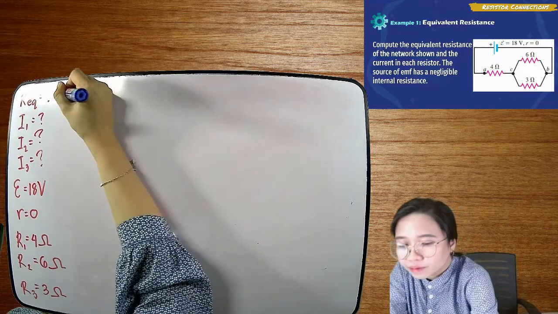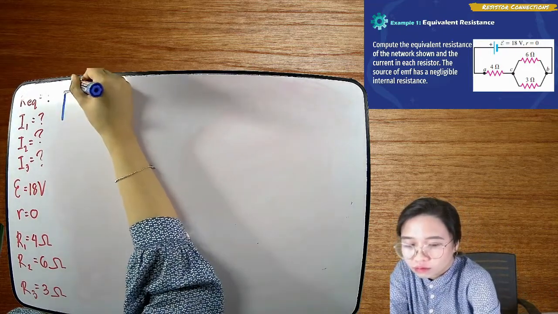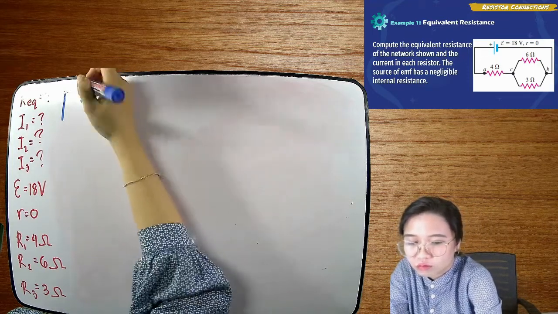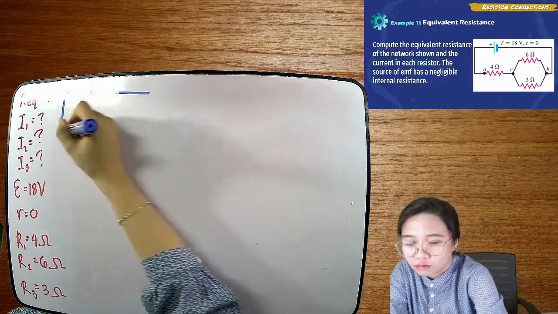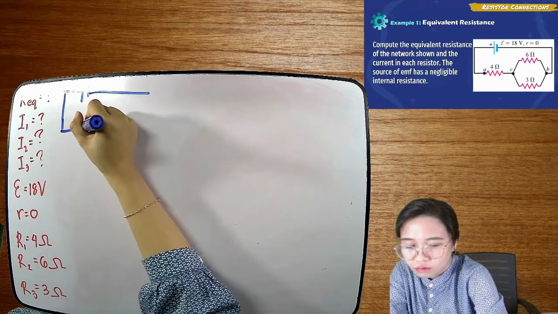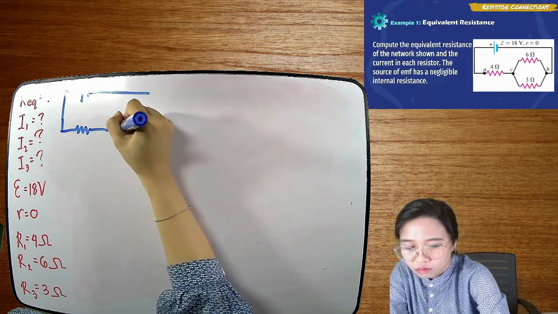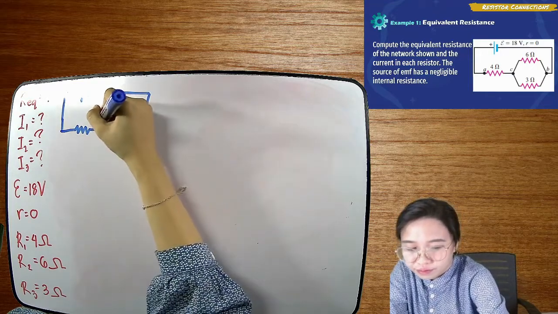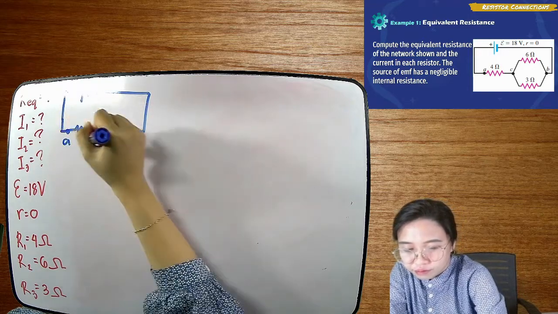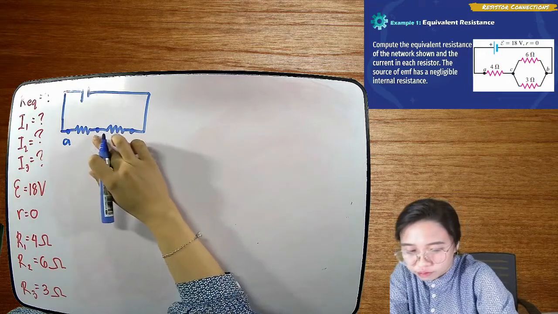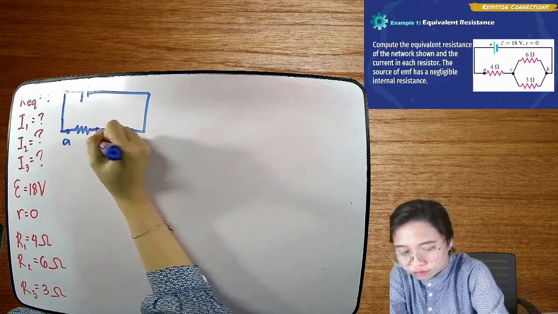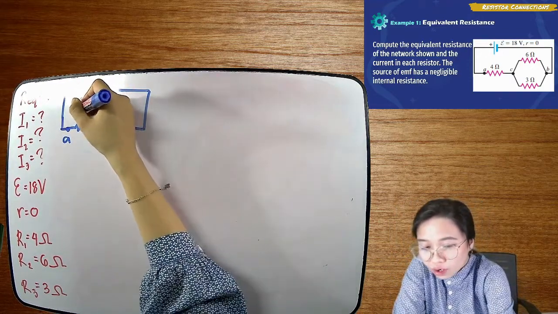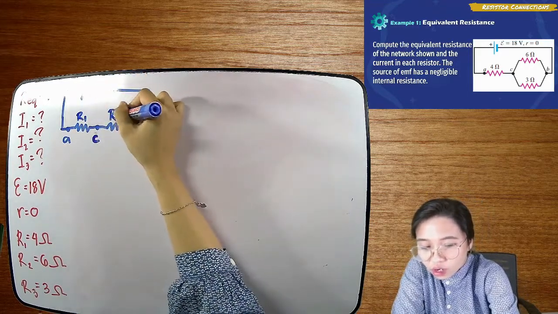So this is our R1, and this is our R2, 3.